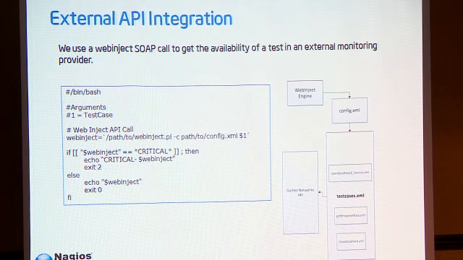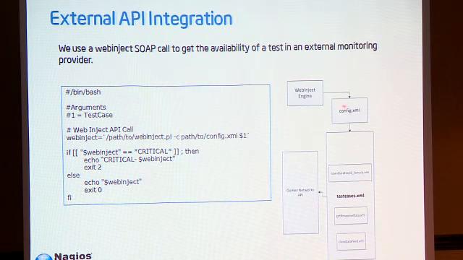How can we integrate some kind of external monitoring solutions, for example Pingdom or CompuWare? Well, both of those and others have some kind of API. So with WebInject, what you can do is just hit the API and ask for the test result for some time.